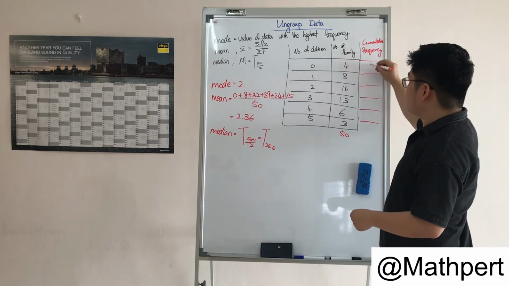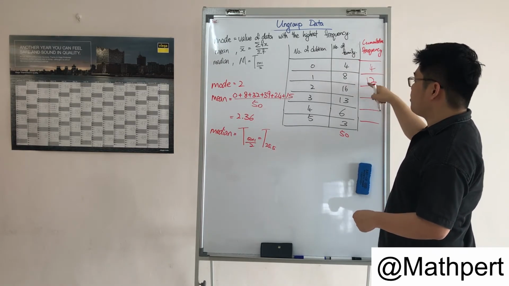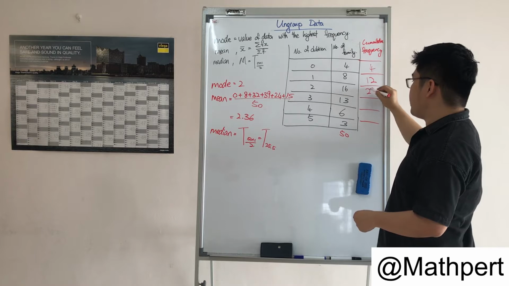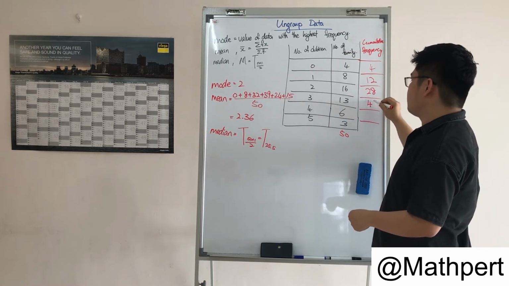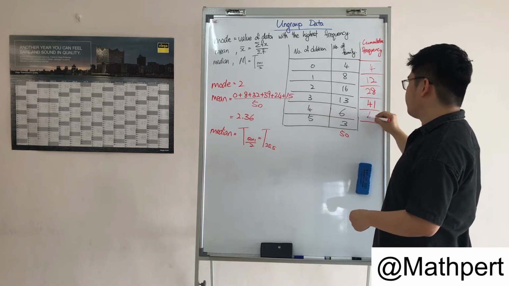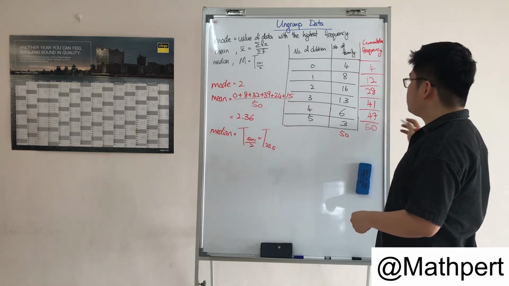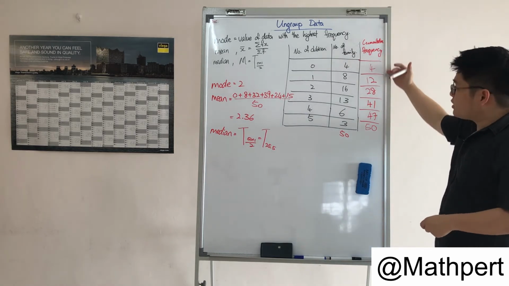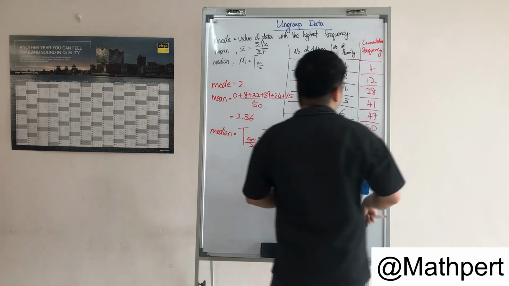4 plus 8 is 12. 12 plus 16 is 28. 28 plus 13 is 41. 41 plus 6 is 47. 47 plus 3 is 50. This is the cumulative frequency for this set of data, right?